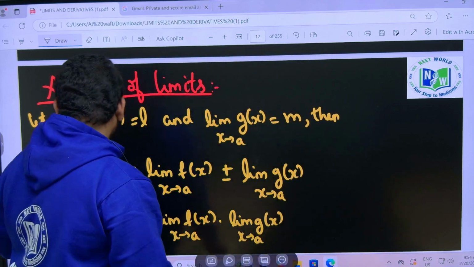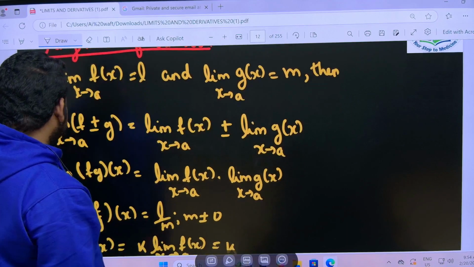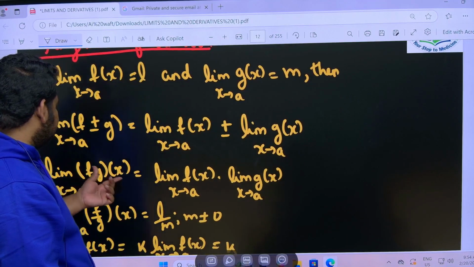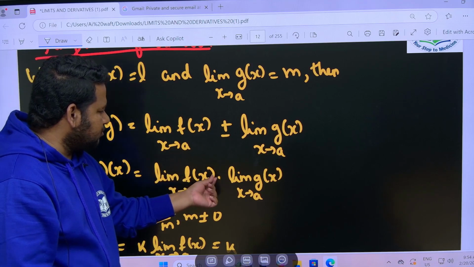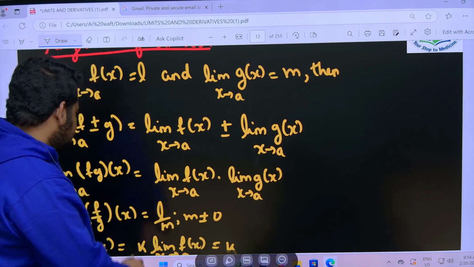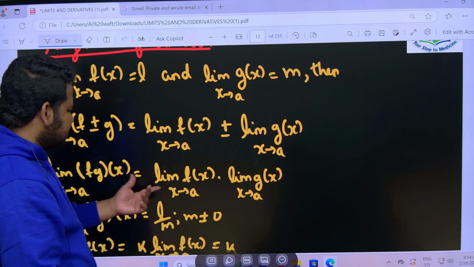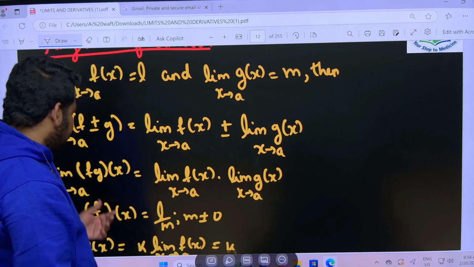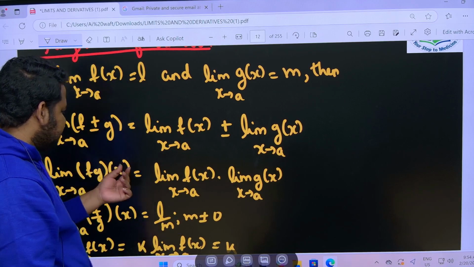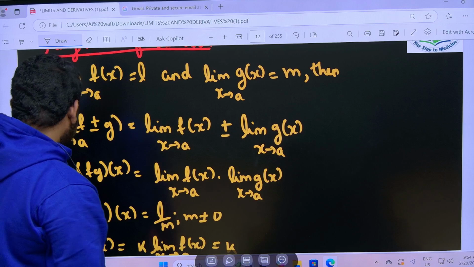Next thing, see here, the limit of the product of two functions is equal to the limit of one function into the limit of the second function. Limit of f into g of x is equal to limit f of x as x tends to a times limit g of x as x tends to a. This is based on the product property.